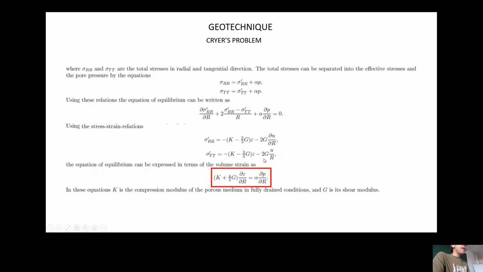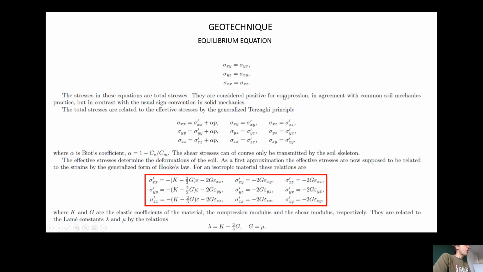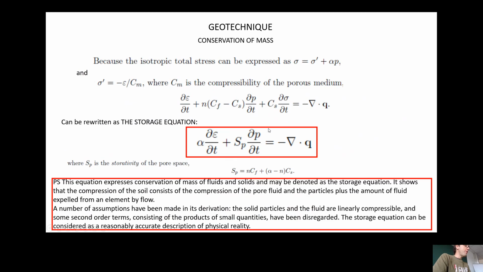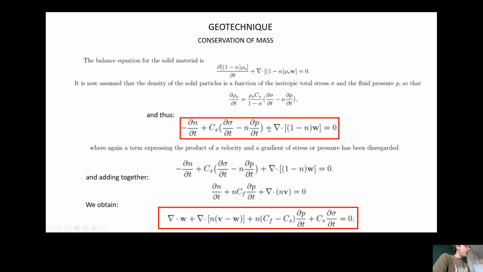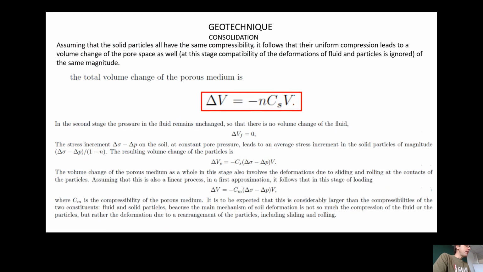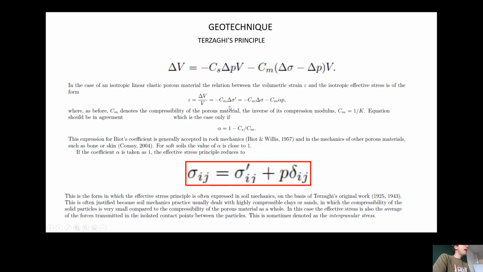Remember what we said before, that epsilon is the sum of the three linear strains, and in particular it is ΔV over V. Let me check, we said that we have ΔV over V, that was epsilon here, see?